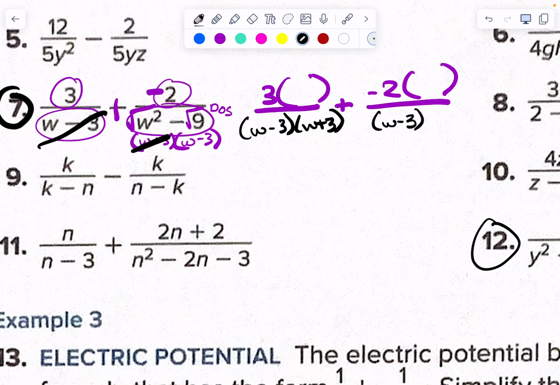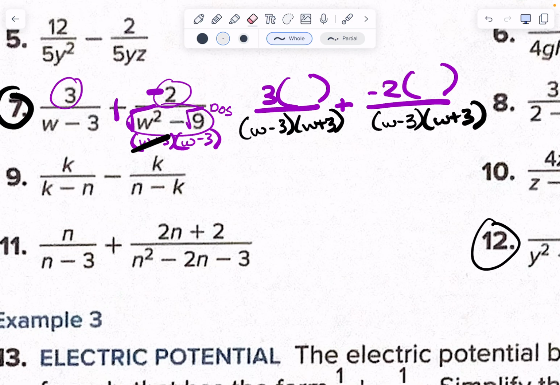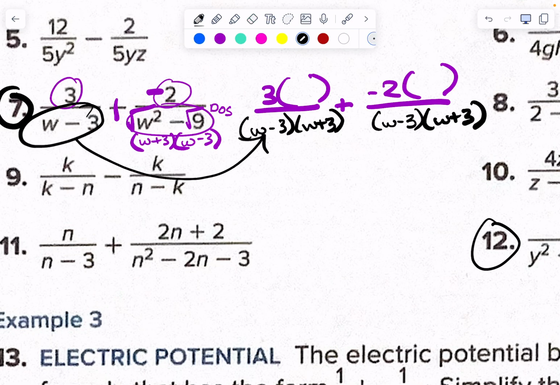Then the third piece needs a W minus 3, but we already have one. So if I check my denominators, does W plus 3, W minus 3 go into that? Yes, they both work, so we're good to go.